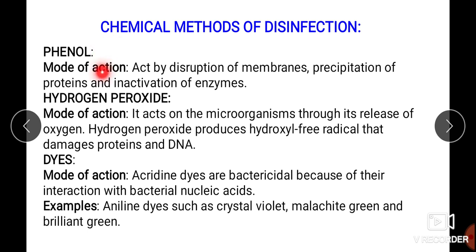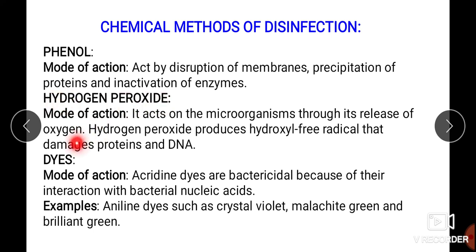Phenol has two advantages: one, it is a chemical disinfectant, and other chemical disinfectant agents are compared to phenol. Its mode of action is disruption of membrane, precipitation of protein and inactivation of enzymes.